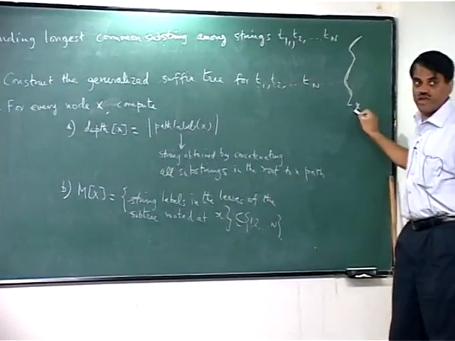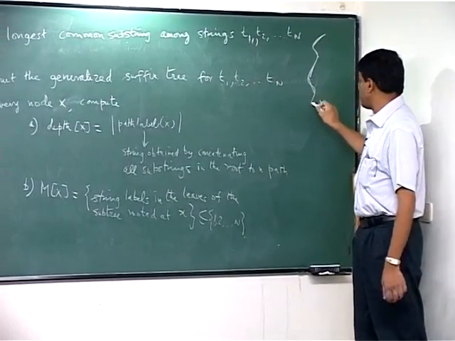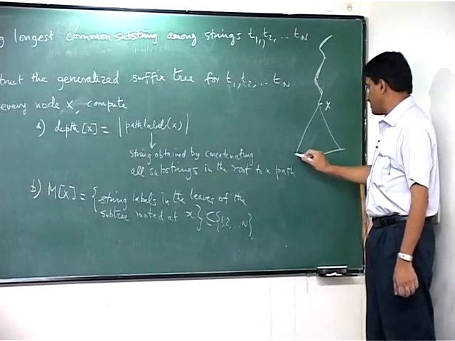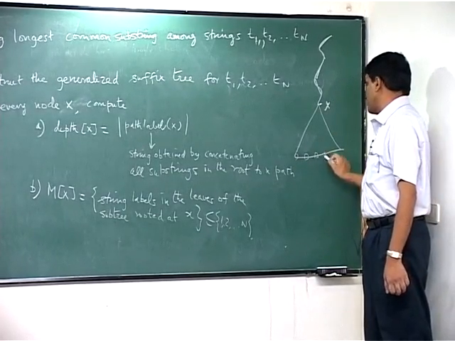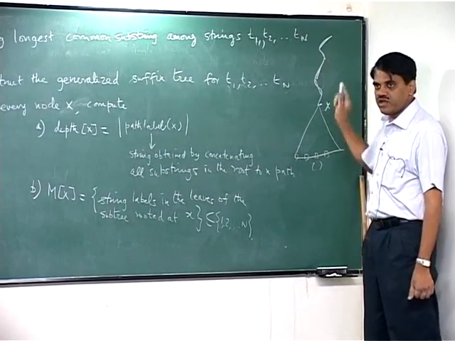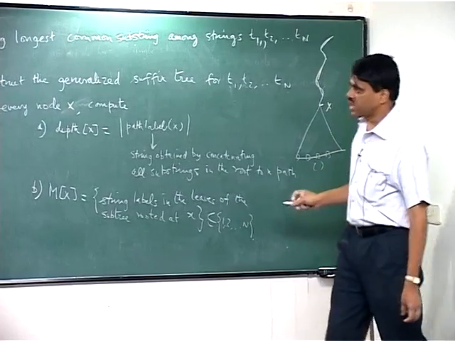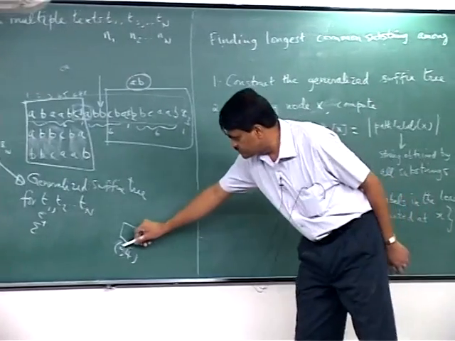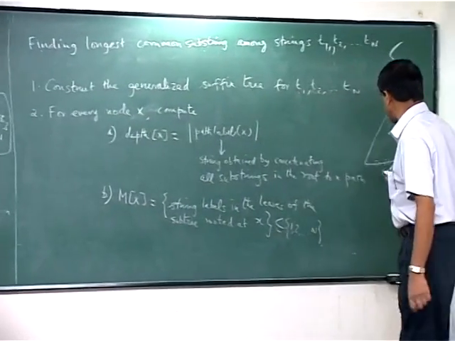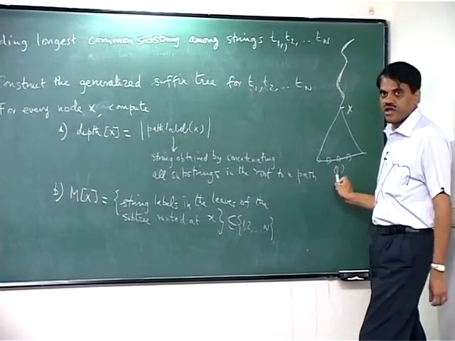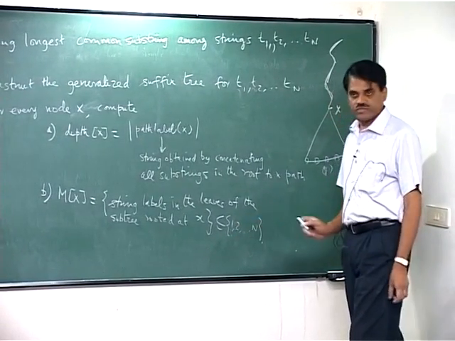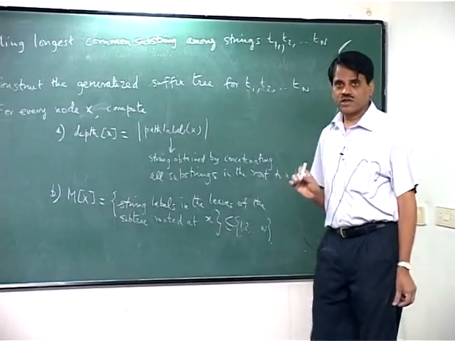So I have the depth of x, plus I look at this subtree rooted at that x, look at the leaves here. These leaves have a pair of values. First value refers to the string, second value refers to the starting point, right? I explained it something like this, a string and the starting position in that string. So I look at this first thing which tells you the string, I just note down those values and note that, right?